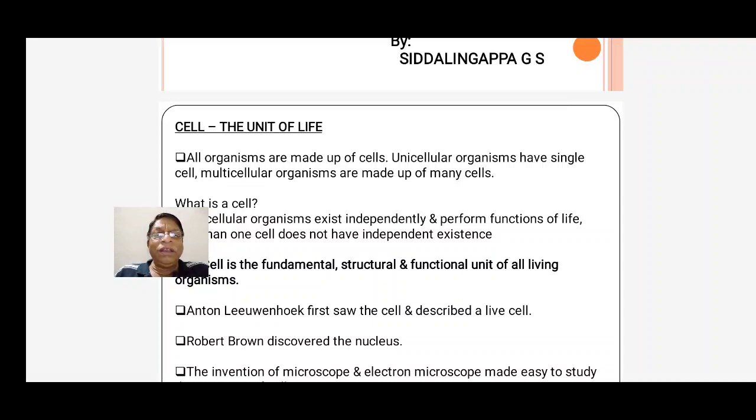What is the meaning of this? Fundamental unit means all living organisms contain the cell. That is the fundamental one. Structural unit. The living organisms have structure. The structural, the basic unit is the cell.